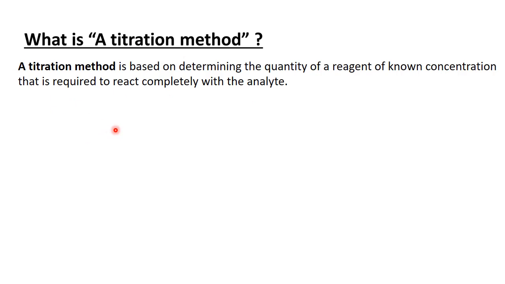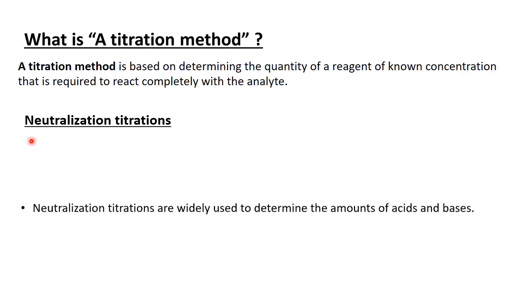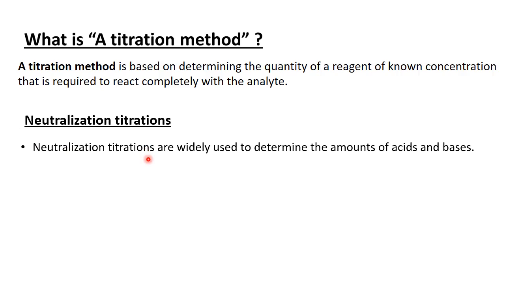As we focus on acid-base titrations, we should talk about neutralization titrations also. Neutralization titrations are widely used to determine the amounts of acids and bases. In addition, neutralization titrations can be used to monitor the progress of reactions that produce or consume hydrogen ions.